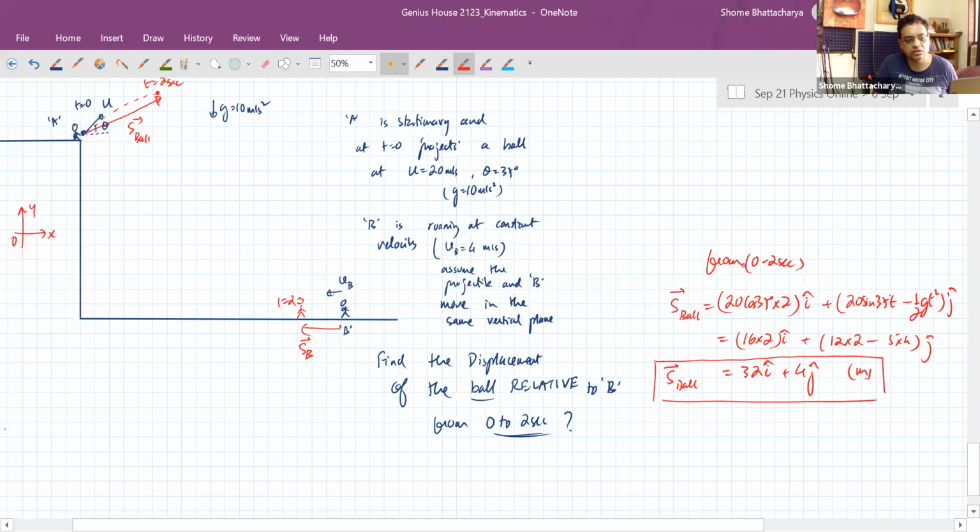Now in the same time interval, the displacement of the person B would just be minus of v_B into t i cap. So the displacement vector of B, now how much is B's velocity that we have taken? 4. So minus 8 i cap.